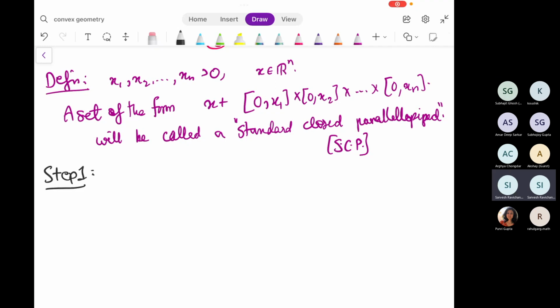And how does this work? The way this works is as follows. Let's say I'm in R2 perhaps, and what happens when I add two rectangles together? Let's say this is rectangle R1, and here is another rectangle R2. If I take the Minkowski sum of R1 and R2, what I get is just a bigger rectangle, and I also know its dimensions.